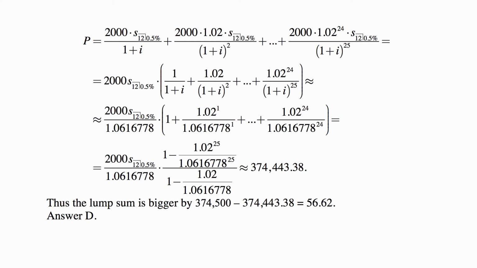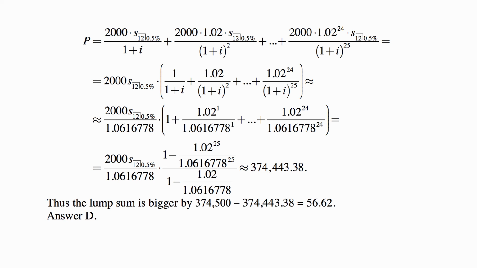This is a partial sum of a geometric series, and if the quotient of a series like that is r, this is like r to the 0 plus r to the first up to r to the 24th, or 1 plus r plus r squared up to r to the 24th. That is equal to (1 minus r to the 25th) over (1 minus r).